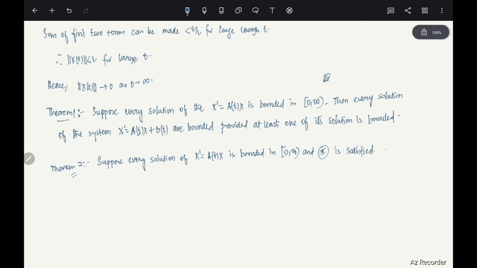Then all solutions of x prime equals A(t) times x plus b(t) are bounded.